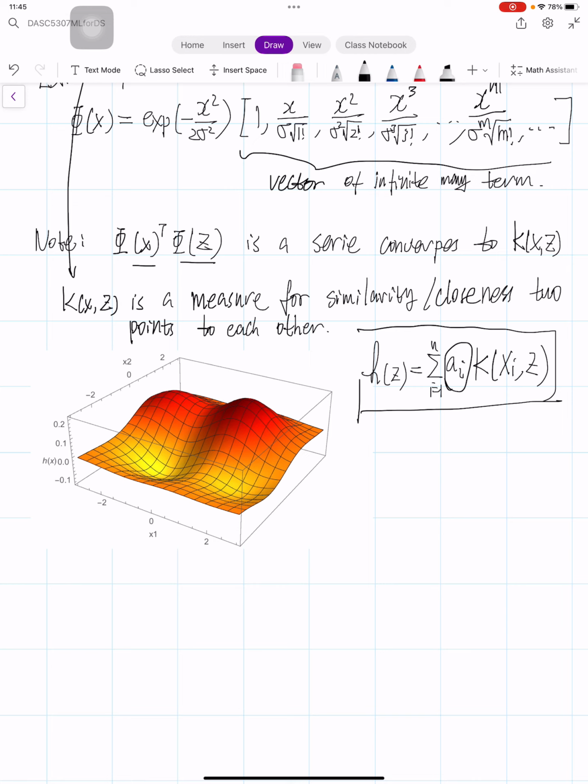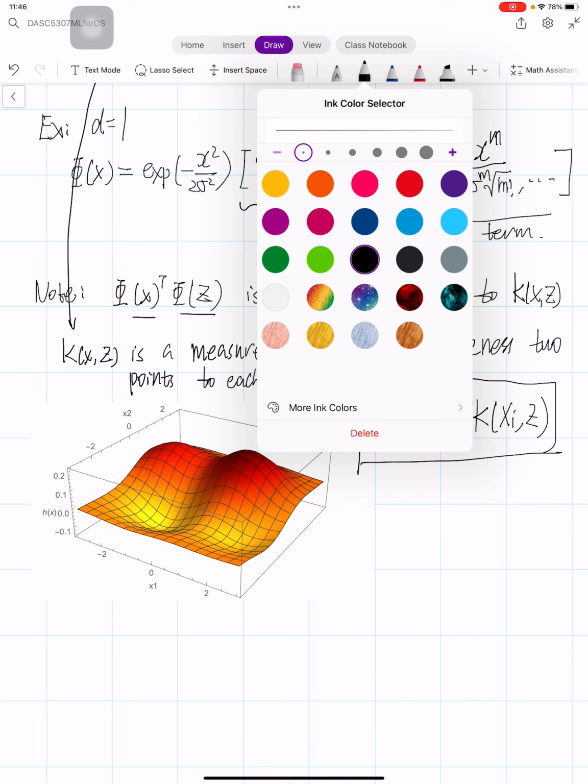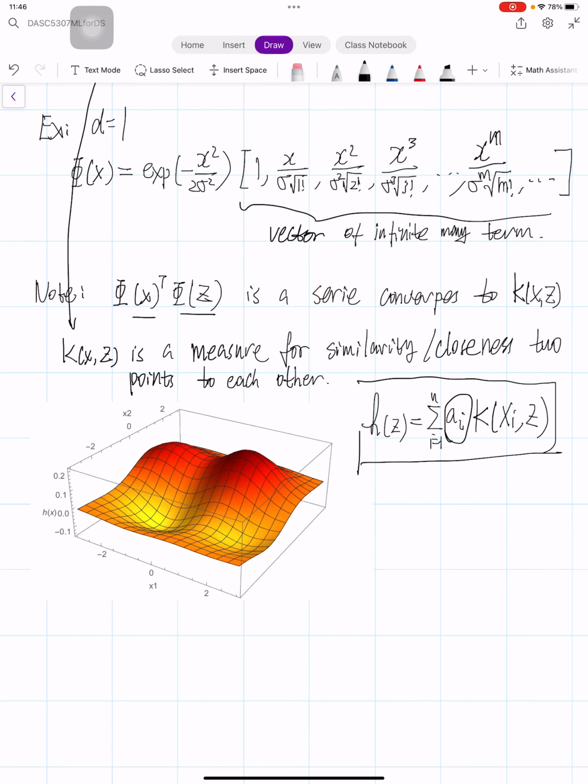So you can think of this as a Gaussian basis for this distribution. For example, in this plot, we fit the Gaussian kernel to a regression problem. In this case we have 4 training points, x1, x2, x3, x4. So your regression function will be a linear combination of 4 terms.